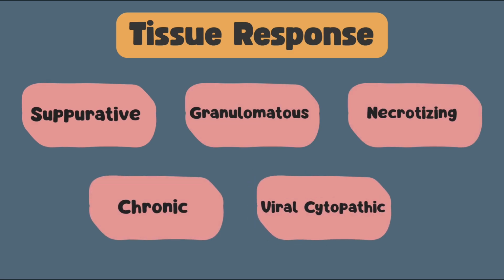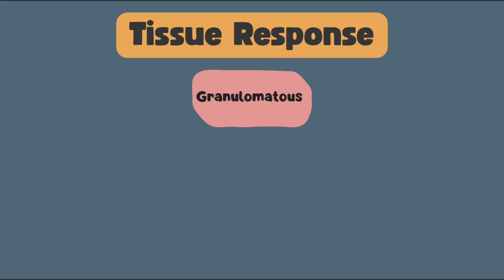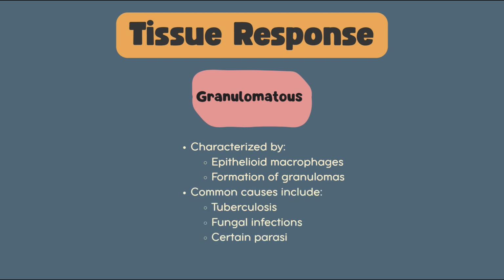The second response that we're going to look at is the granulomatous response. In this response, we obviously have the formation of a granuloma, and a granuloma is a structured collection of immune cells formed to contain organisms that are difficult to eliminate.